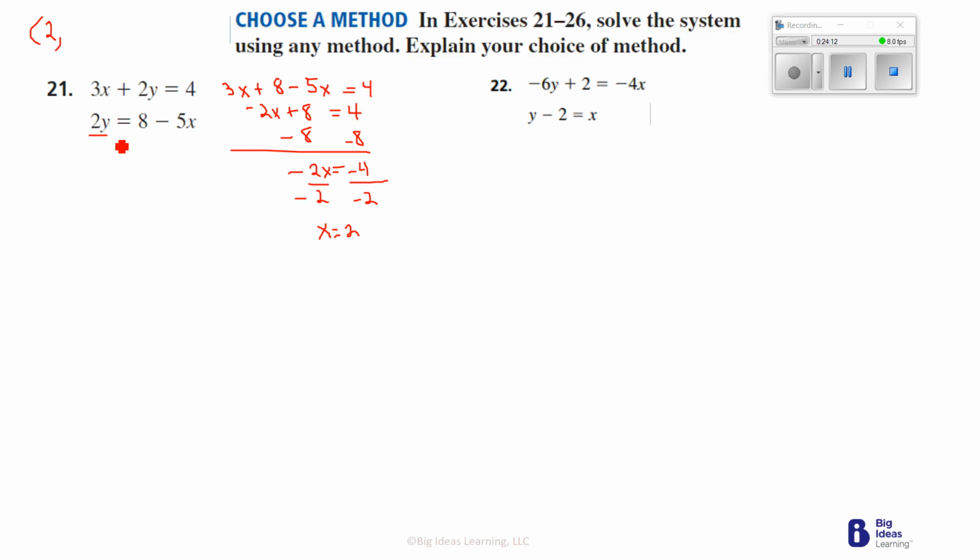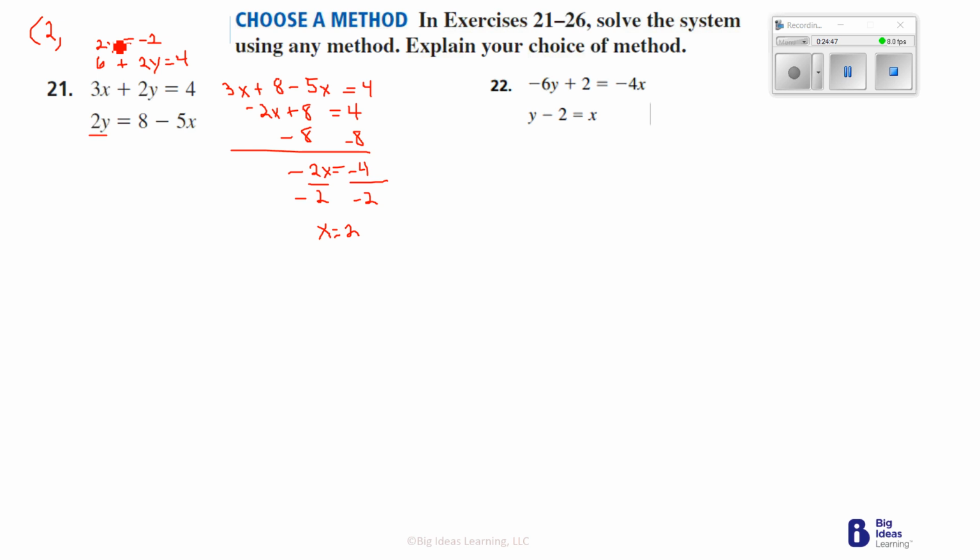And then I would have plugged in 2 for x right over here. That would have given me 3 times 2, which is 6. And then I have 6 plus 2y equals 4. I would have subtracted 6 from both sides, and that would have left me with 2y, and I'm just working up instead of down, is equal to negative 2.